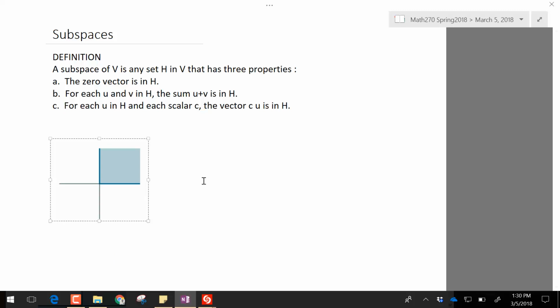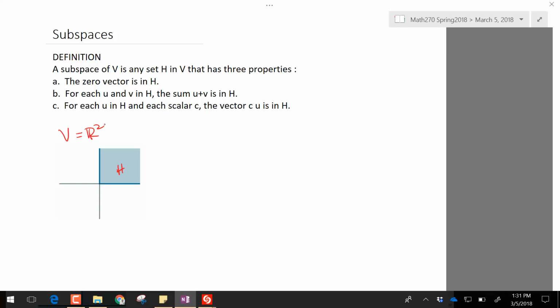So this is your H. Your H is in the first quadrant. Your vector space, this whole thing, is R2. Now let's just make sure whether it actually is a subspace.